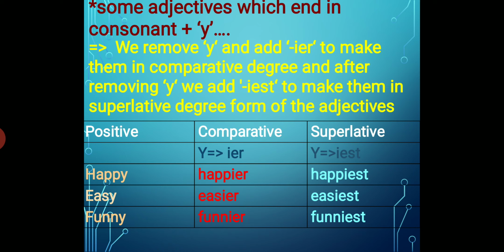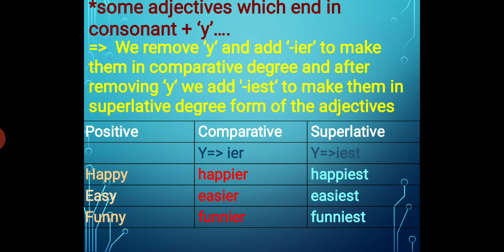Same rule applies in easy. We remove Y, we write EAS same as the positive degree and then add IER, and then easy becomes easier. And how to make the superlative form? Yes, right. We remove Y and add IEST to EAS. So easy becomes easiest. Next one is funny.